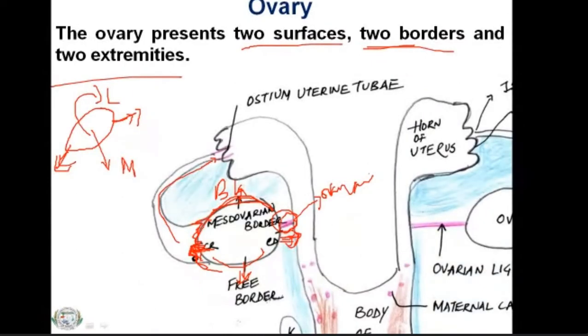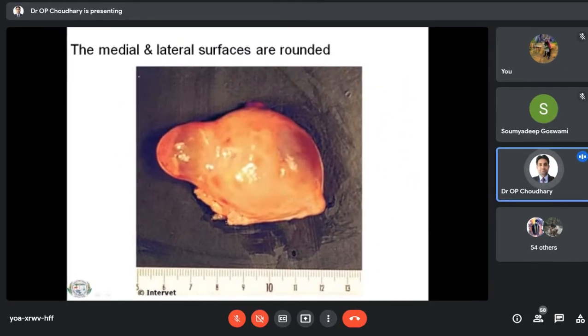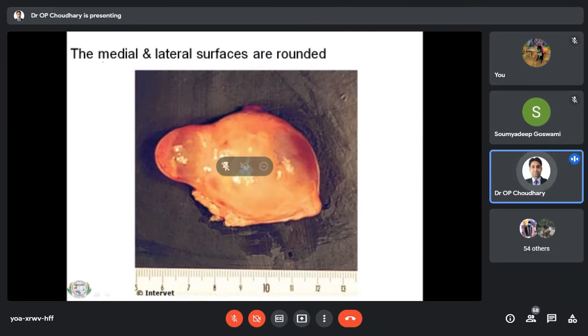Okay, so this is about the ovary. The ovary consists of two surfaces, the medial and lateral surfaces, two borders, the mesoovarian border and the free border, and two extremities, the cranial and the caudal extremity. I already explained this in the previous slide.